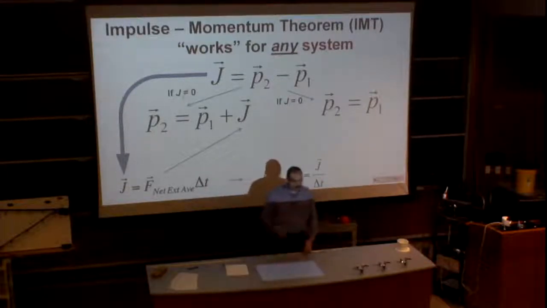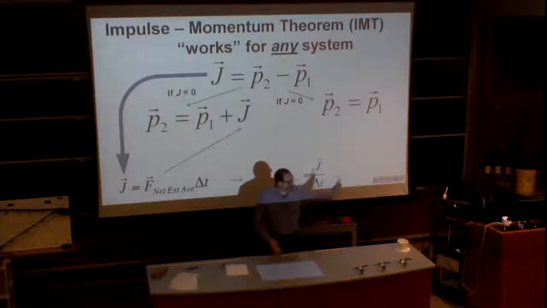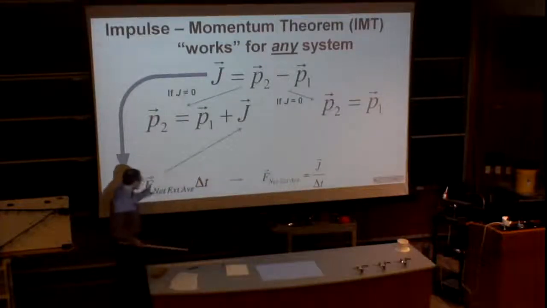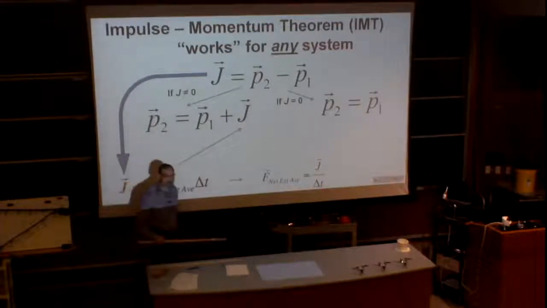When might that happen? Normally two options. Number one, net force is zero, so there is no force. Number two, the collision happens so quickly that the time is so tiny that this product, force times almost zero, becomes practically equal to zero.